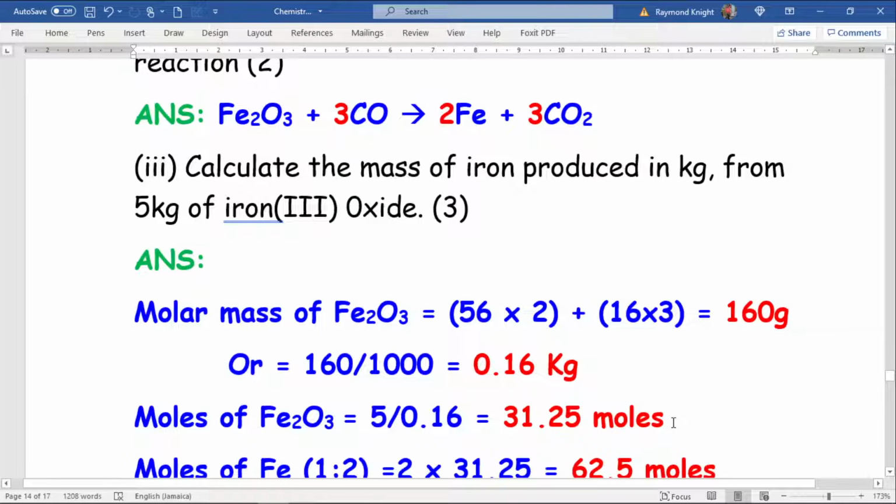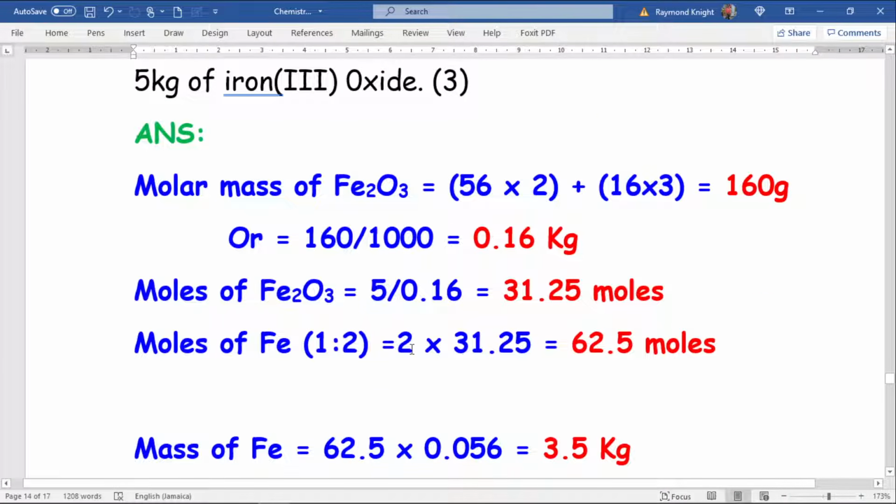There's another way to do this. You could calculate using grams first and then convert the final answer to kilograms, but that's double work, so you don't need to go through all of that. Now once you find the moles, you need to look at the ratio in the equation. If you go back to the equation, you notice there's a 1:2 ratio.